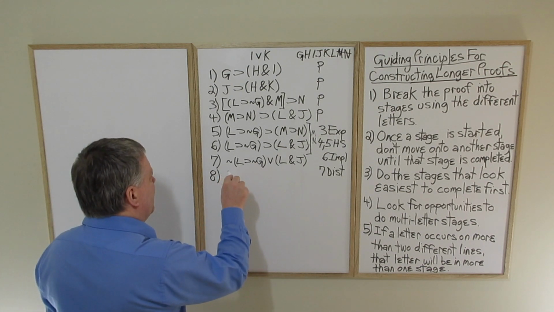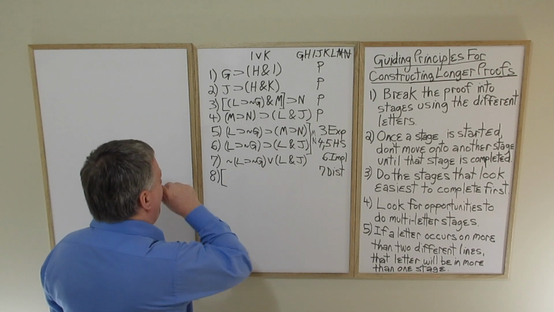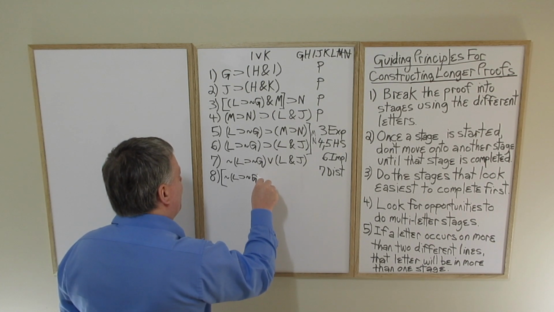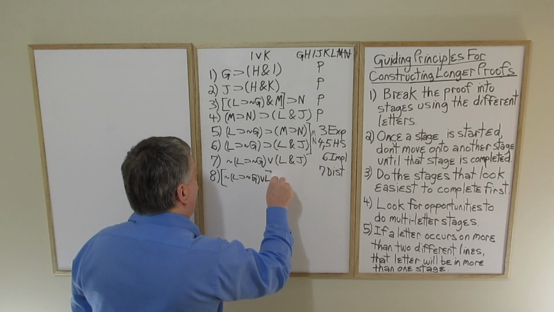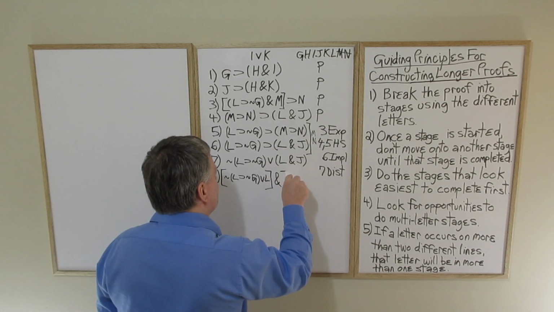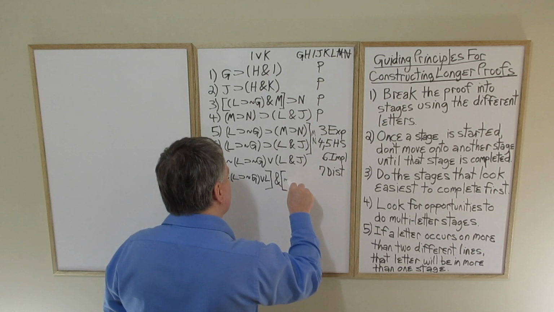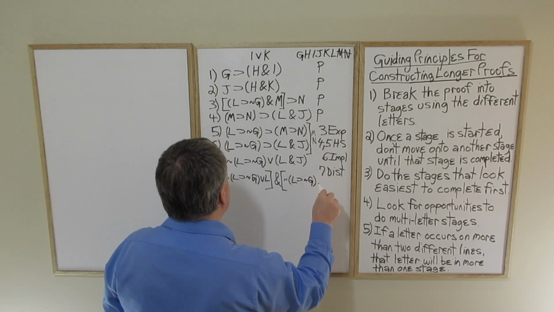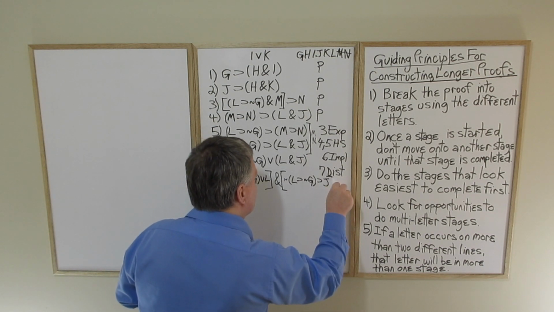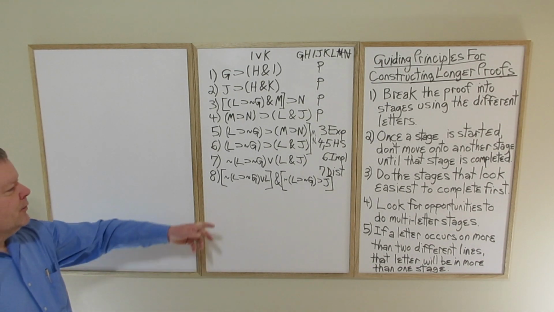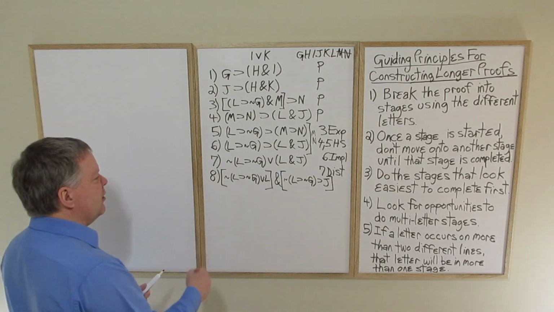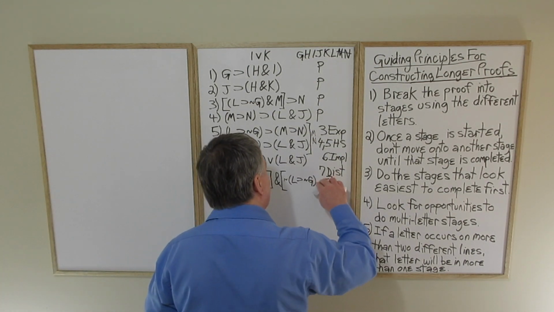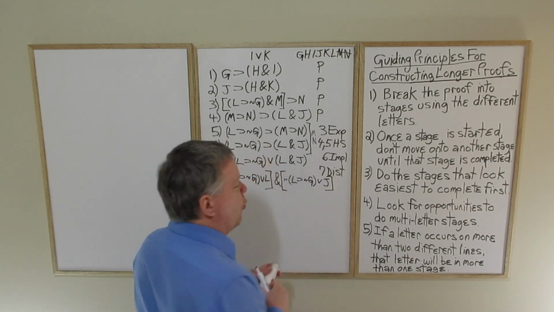What will that give us? Well, it will give us the following conjunction: tilde L horseshoe tilde G, or L, and tilde L horseshoe tilde G, or J.